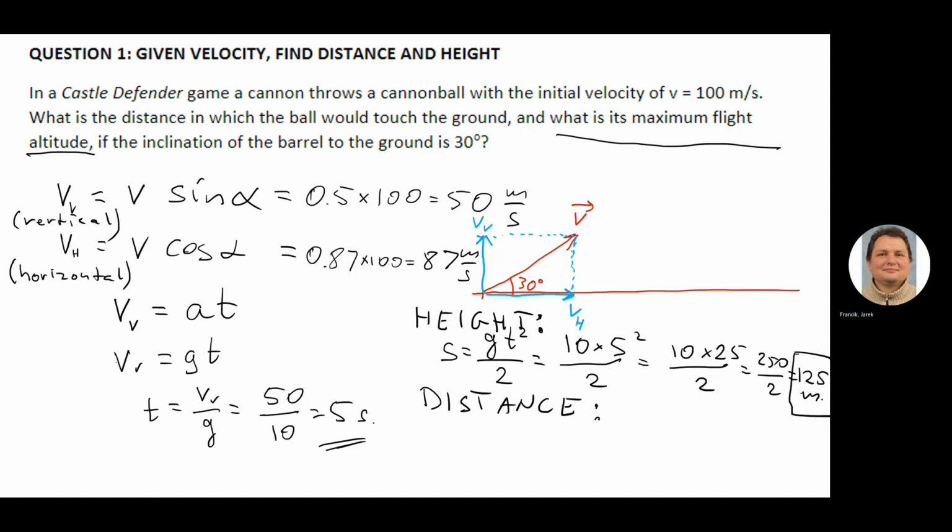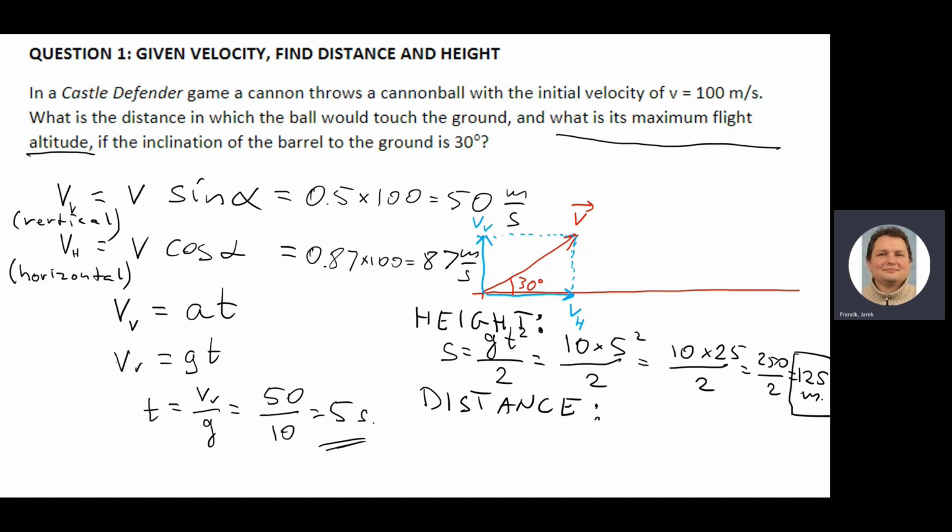What happens too often is that you find out, okay, my vertical speed is 50 meters per second. So what's the distance? People quite often find the maximum altitude of this movement to be 250. How did they get it?